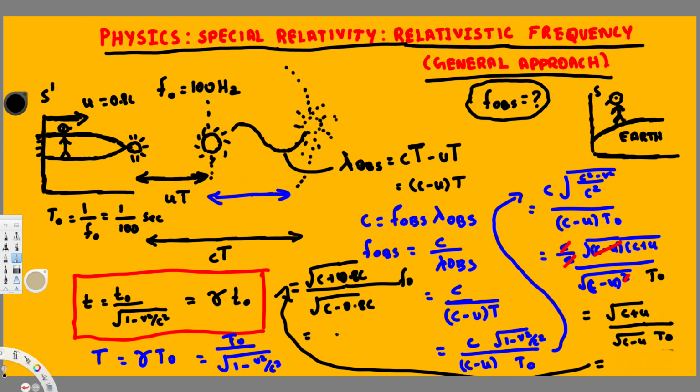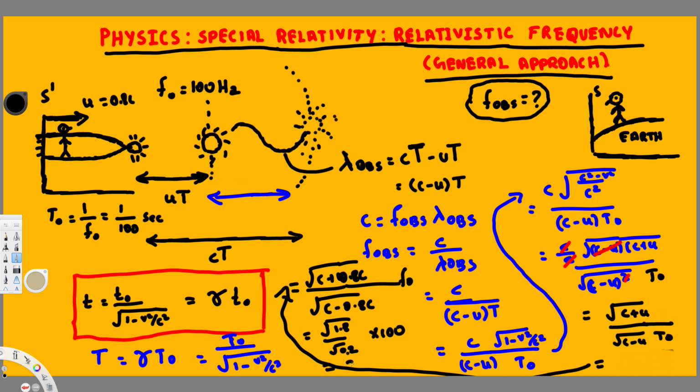If you simplify this, you will end up with the square root of 1.8 over the square root of 0.2, times f naught. f naught is 100, we already know that. So 1.8 over 0.2 gives us 9, and the square root of 9 is going to be 3, right?